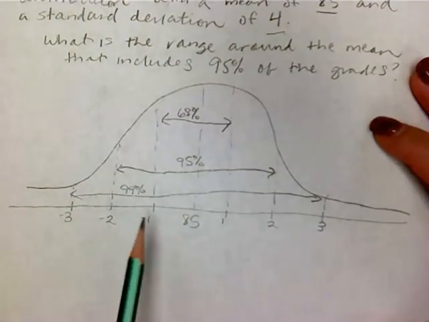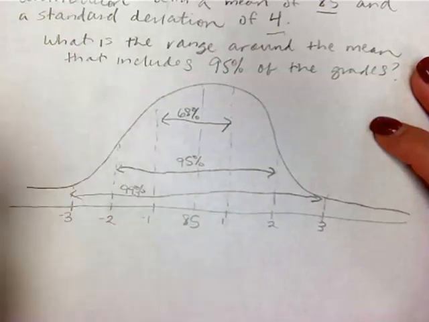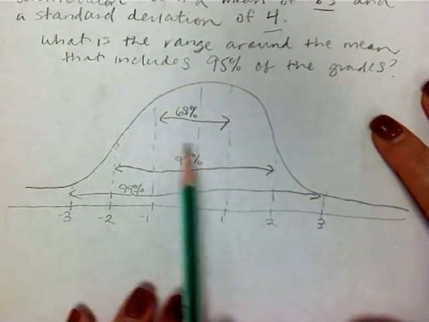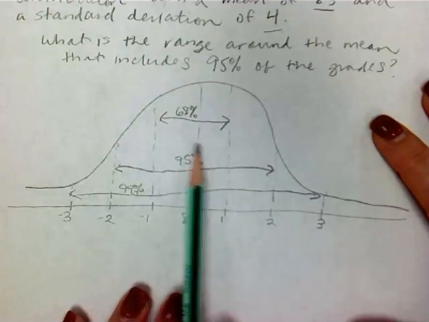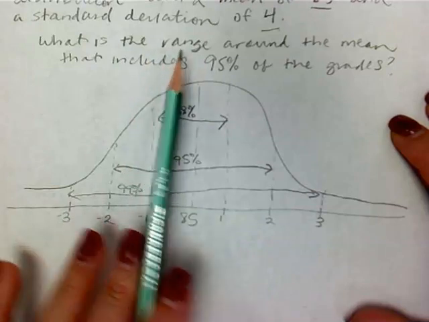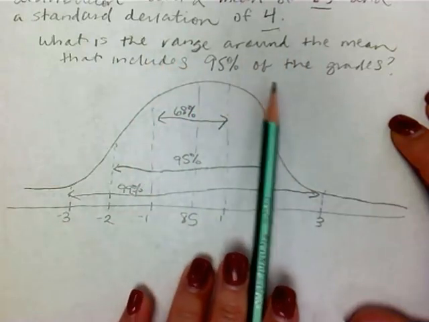Now, you can break those up so that we would know that 34 and 34, for example, make up half on each side. But the question is, what is the range around the mean that includes 95% of the grades?